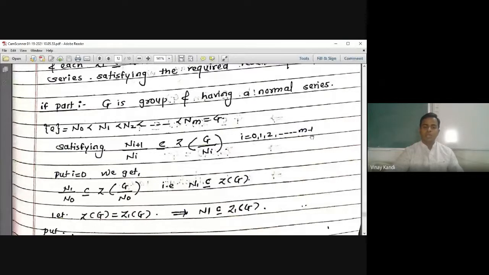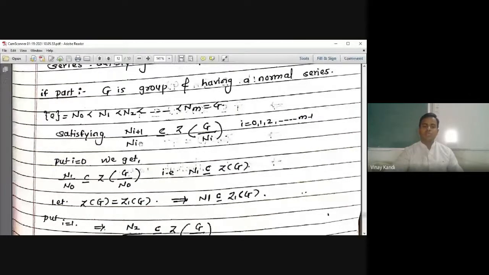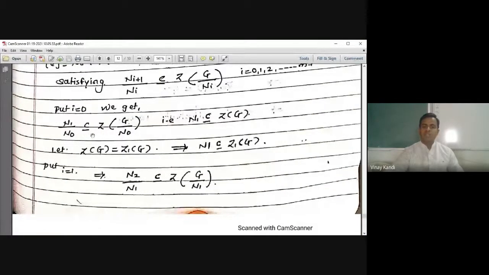Okay, so put i equal to 0 here. So what we get? N1 upon N naught is contained in Z of G upon N naught, that is, N1 is contained in Z of G. Here N1 is contained in Z of G. Can we write like this?